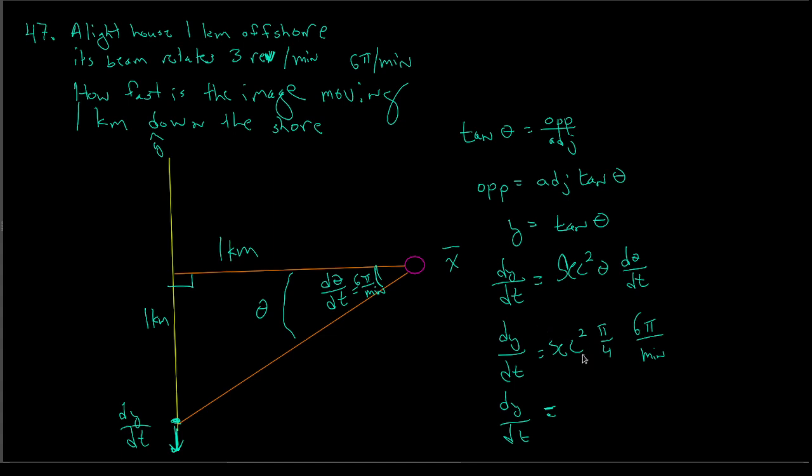Cosine of pi over 4 is root 2 over 2, so this is 2 over root 2 squared times 6 pi per minute. Which, let's see, is 4 over 2, or 2. So it's not 6 pi per minute, it's 12 pi kilometers per minute. And this is another related rate where we're translating from one geometrical change to another.